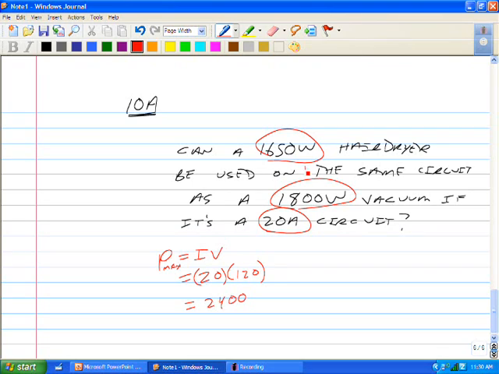But if I add 1800 and 1650, I get 3450, which is higher. And so that would trip that breaker. So the answer is no, they cannot be used at the same time on this particular circuit.